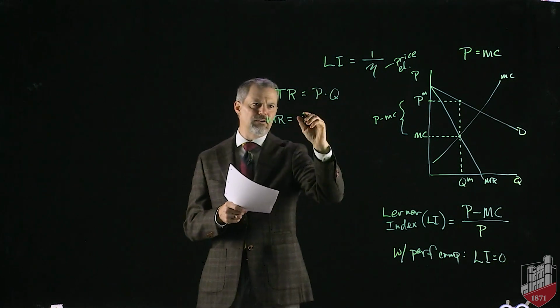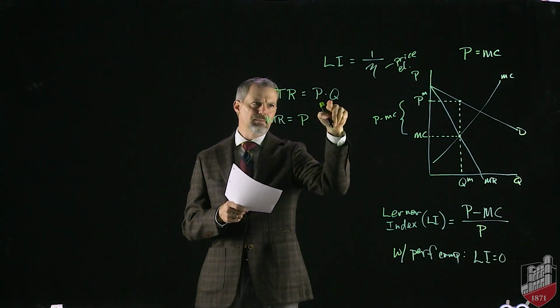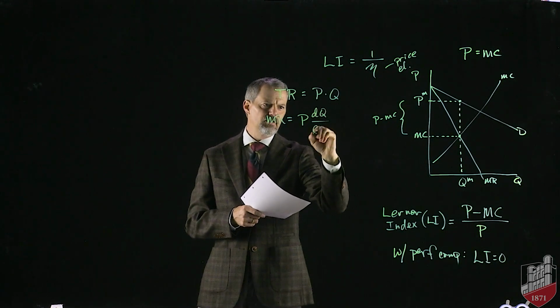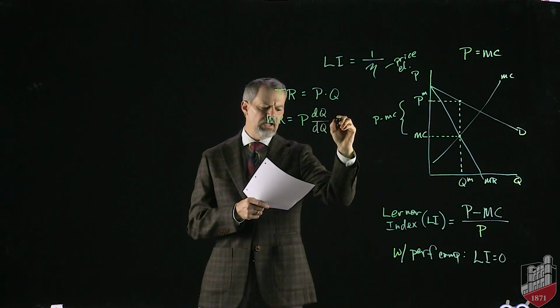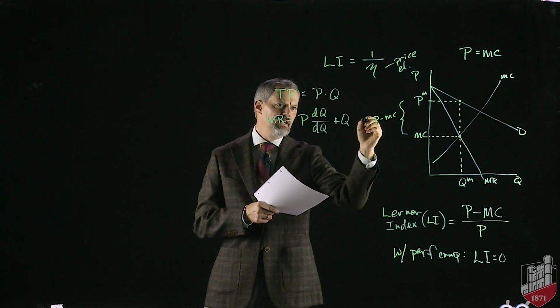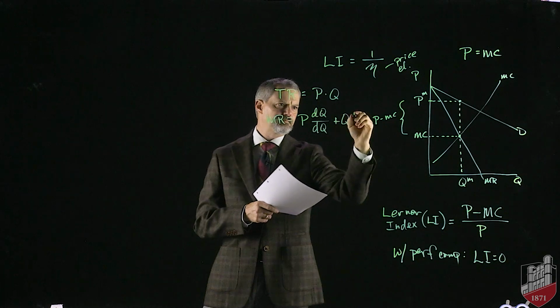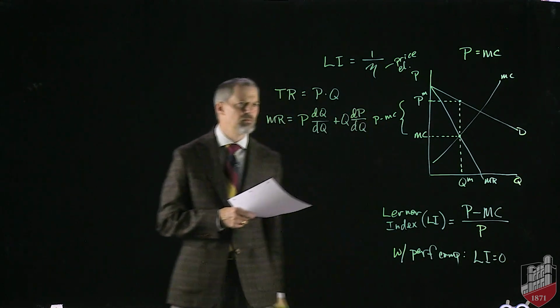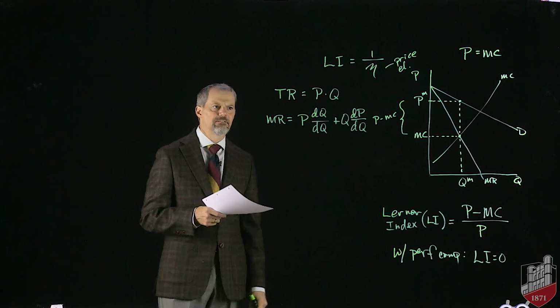So we write the first one and then multiply that by the derivative of the second one. That's dQ with respect to Q. And then we're going to add to that. Now we write the second one, Q, and we take the derivative of this thing with respect to Q. Now let's look at that for a second.